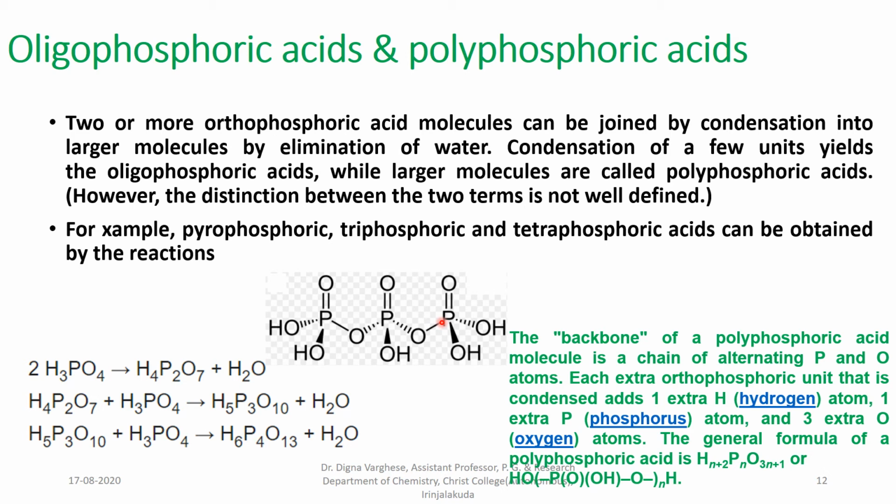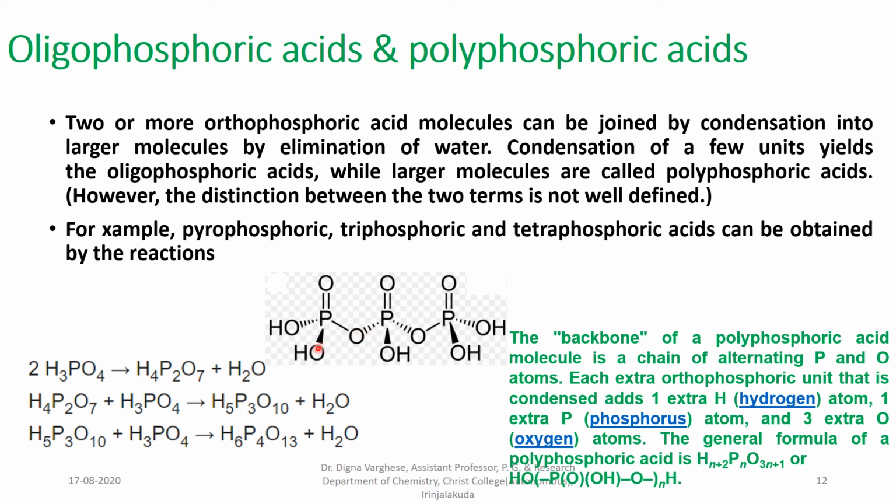Each extra orthophosphoric unit, that is, one phosphoric acid reacting with pyrophosphoric acid, gives another condensed molecule, that is the triphosphoric acid unit given here.